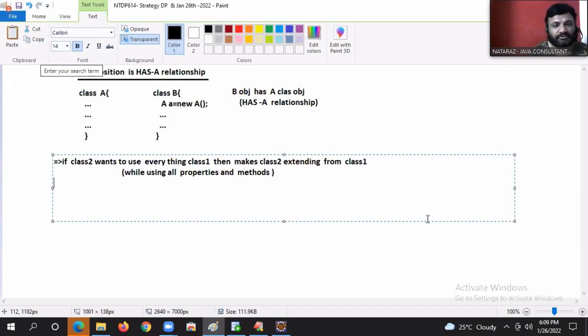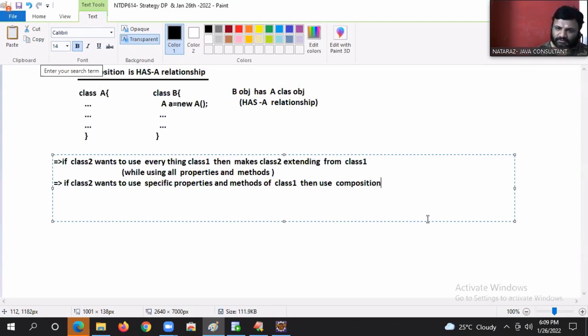Next one, if class 2 wants to use specific properties and methods of class 1, then use composition.